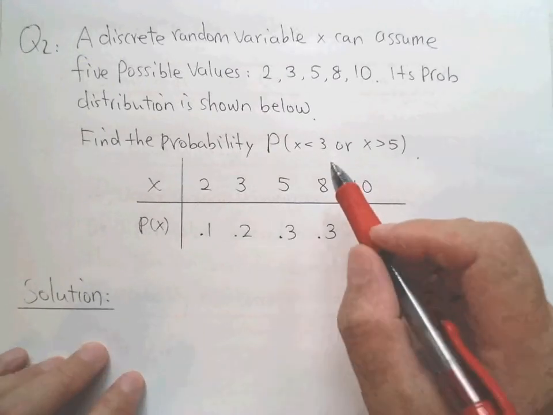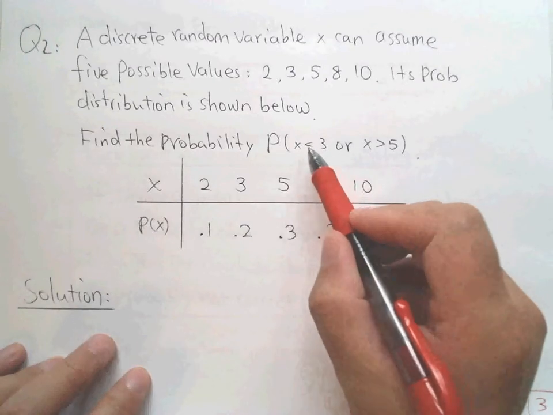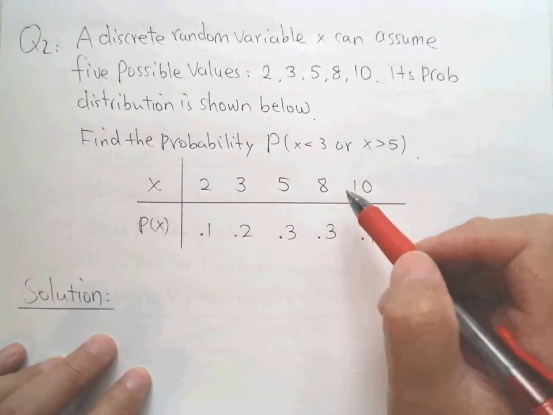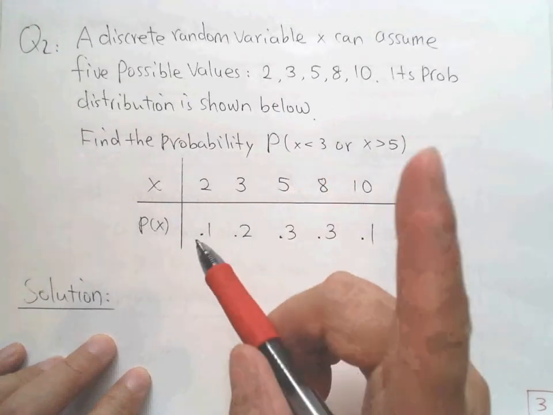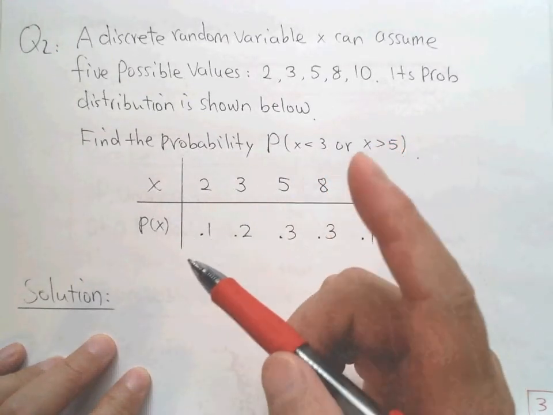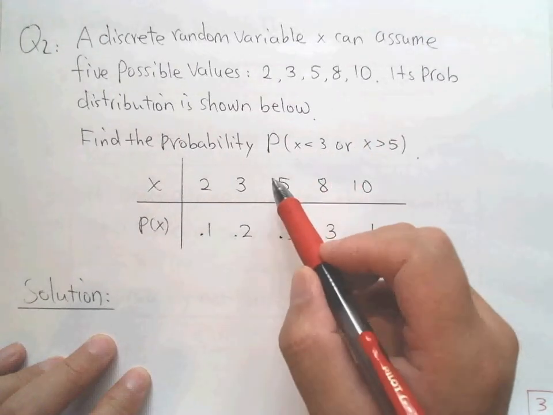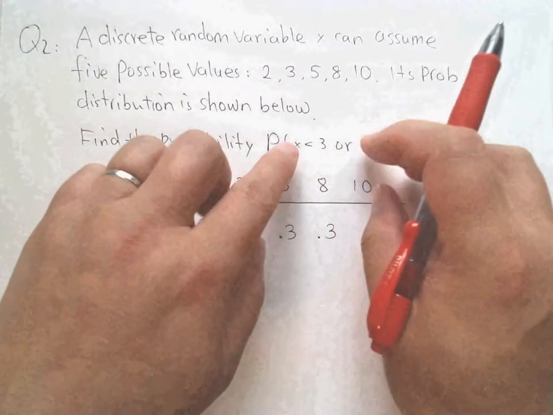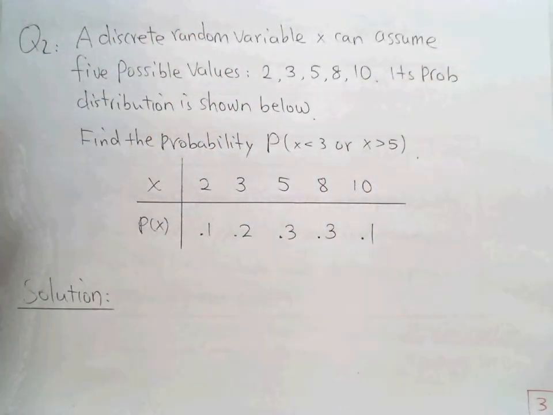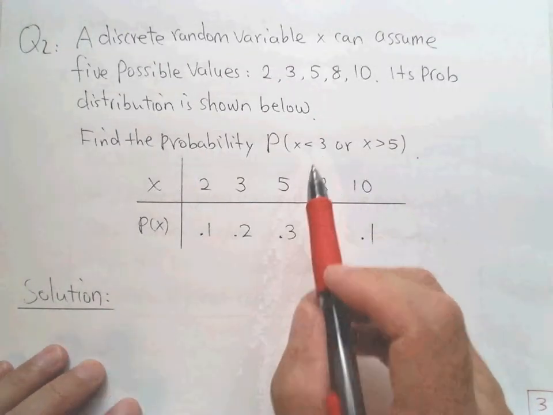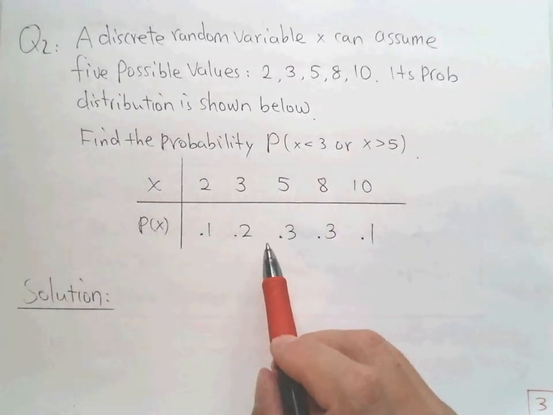Now we look at the question: x less than 3 or greater than 5. Remember, x picks only one value. If x is less than 3, then x cannot be greater than 5, which means these two events are exactly separate, disjoint.